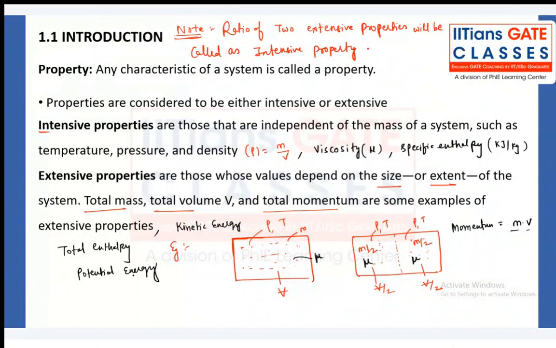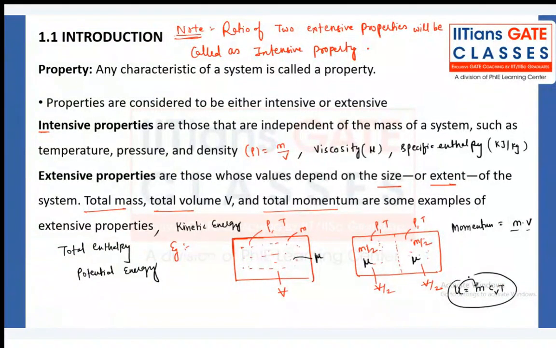Internal energy is nothing but an extensive thermodynamic property. Are you getting my point? If it is specific, then we are dividing, with kilojoule per kg, that will become an intensive property. But overall, it is a thermodynamic property. Whenever we write internal energy, we write m Cv into T, for example.